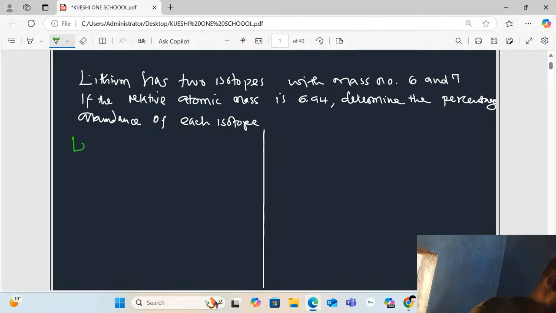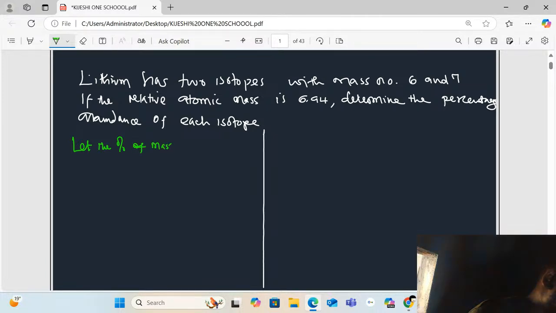Let the percentage abundance of mass 6 be P%. It means that the one for mass 7 will be 100 minus P%.